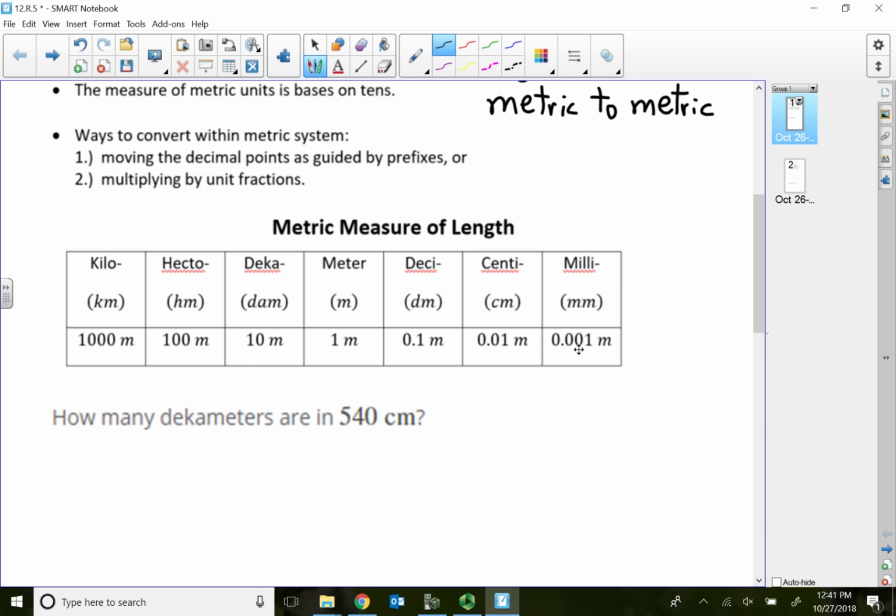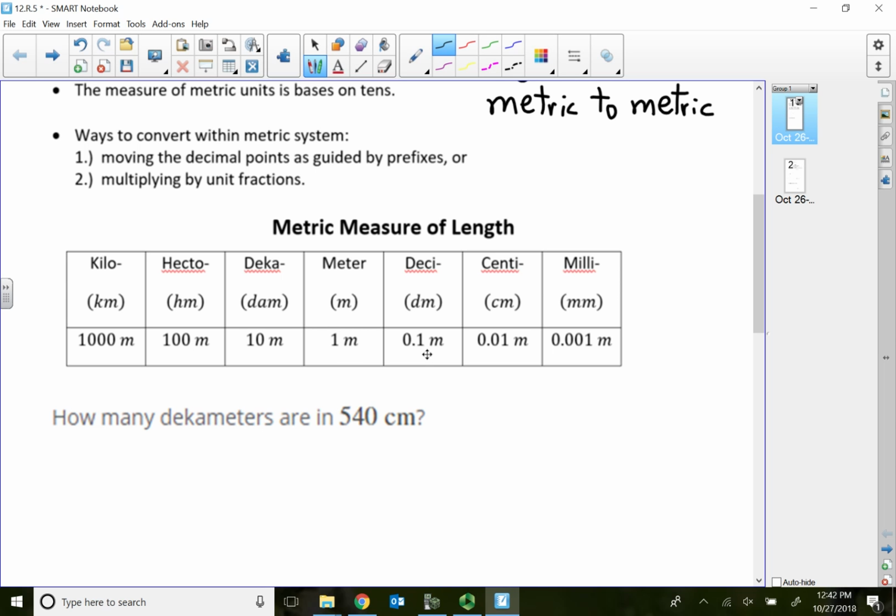Let me explain this part right here. Every one of these numbers that I wrote here is compared back to the meter. The prefix kilo is referring to 1,000 meters, compared back to the center where the whole number is. Hecto is 100 compared to the meter. Deca is 10 compared to the meter.